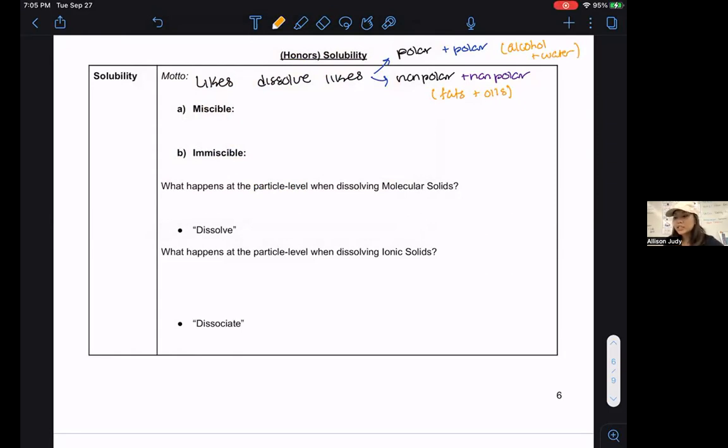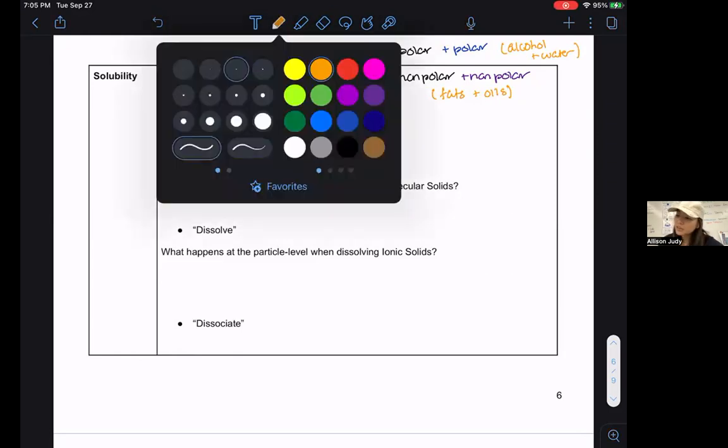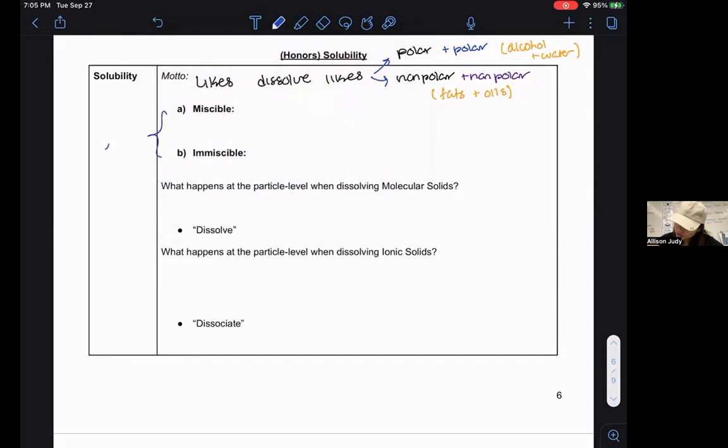I previously introduced soluble versus insoluble, things that mix and things that don't mix. But when we specifically talk about liquid mixtures, we have unique terminology. We say it is miscible if it mixes well, aka soluble. And we call it immiscible if two liquids do not mix well, insoluble.